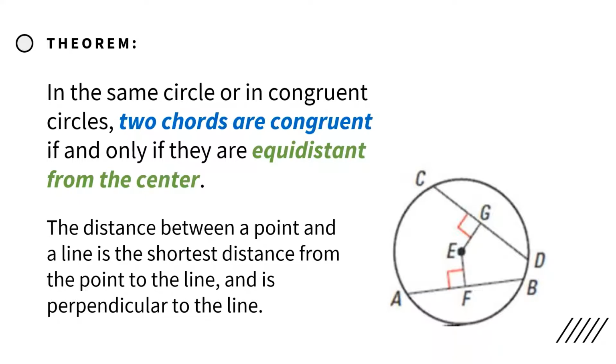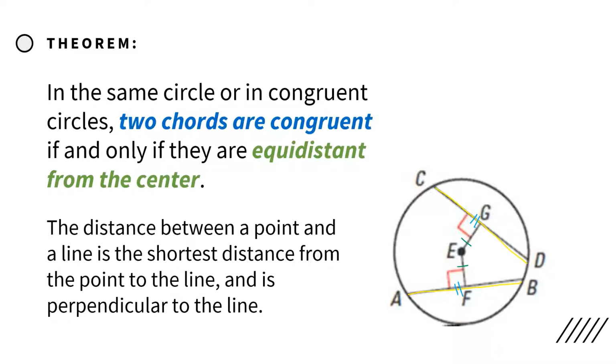So let's say that these two segments are congruent. That tells us that the chords AB and CD are equidistant to the center, and therefore the chords themselves are congruent.